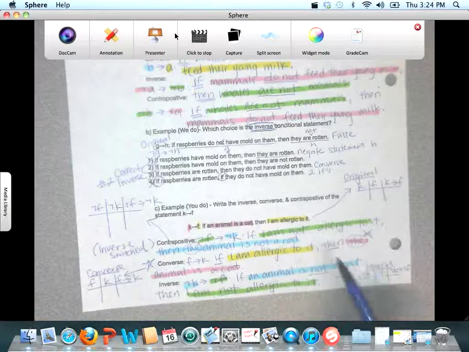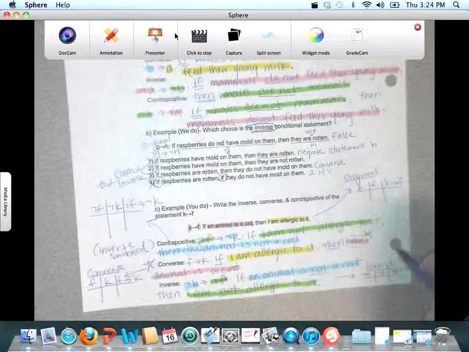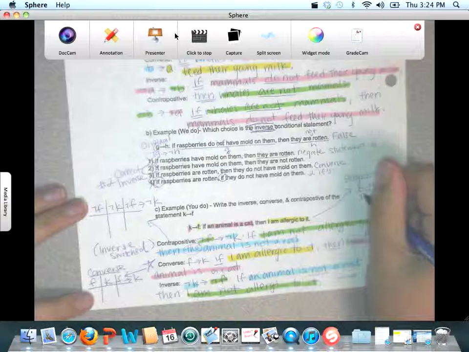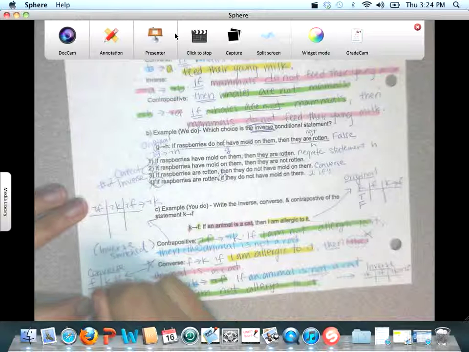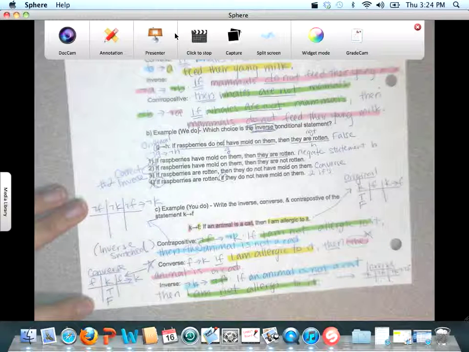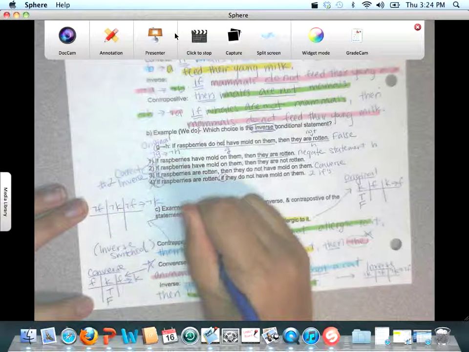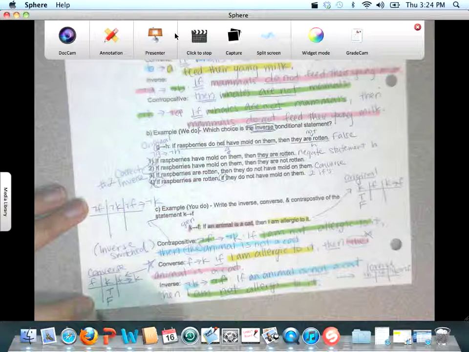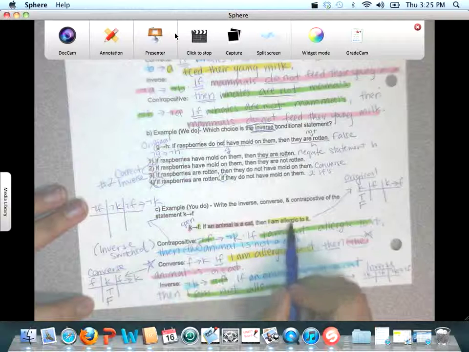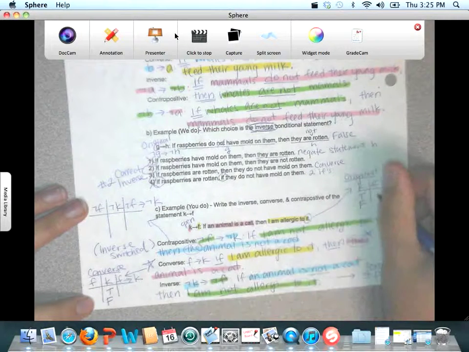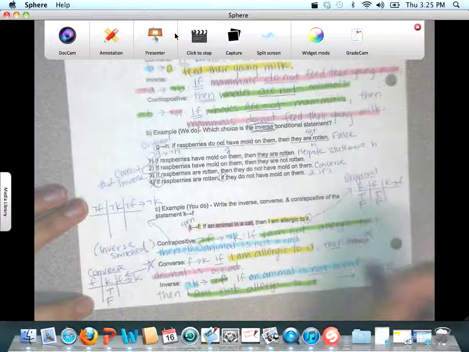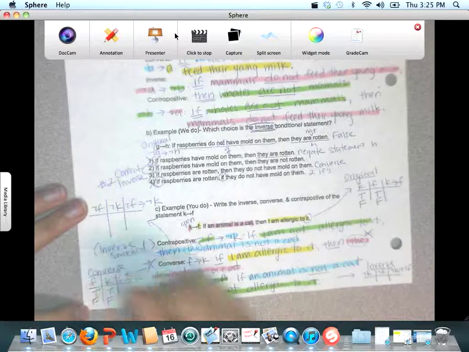So, if an animal is a cat is open, right, which is statement K, so you would put TF, right? So then over here where you also have K, you also put the TF because K is open, okay? While F, I am allergic to it, well, we don't know what it is, so that one's also going to be open. Right?